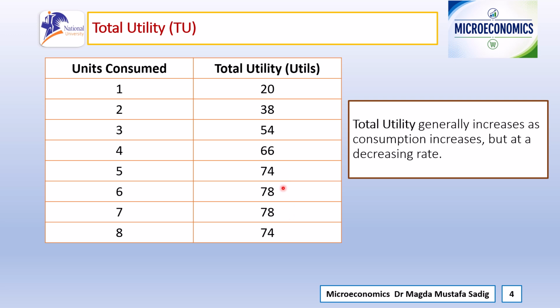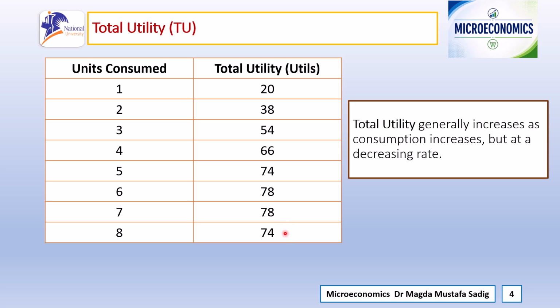Eventually, total utility stops increasing altogether, so it remains 78 when the consumer consumes the 7th unit. After consuming too much of the product, total utility may even begin to decline. Observe that between 7 and 8, total utility starts to decline.